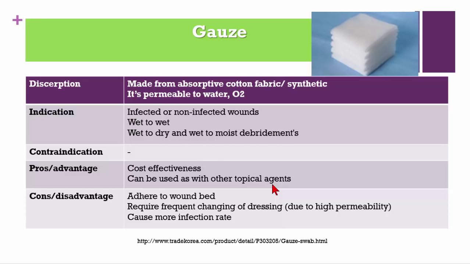Let us see the disadvantage of gauze dressing. It adheres to the wound. It requires frequent changing due to high permeability. It is permeable to water, so we need to change it frequently, otherwise it will stick to your wound bed and may create infection.